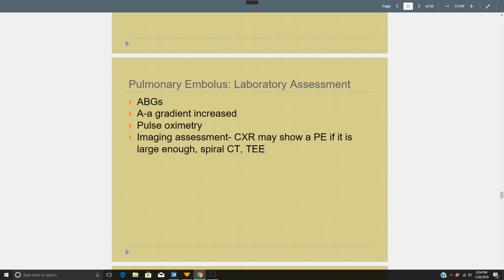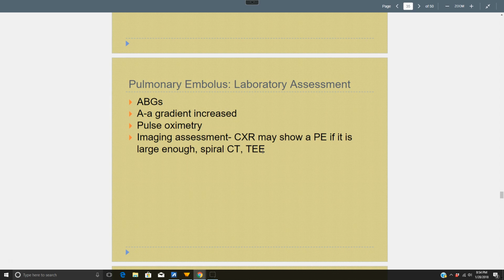Some of the other studies you may see is a BNP, a D-dimer. The D-dimer, a fibrin split product, will rise with fibrinolysis. So these are some of the blood work that will be done on your patient.